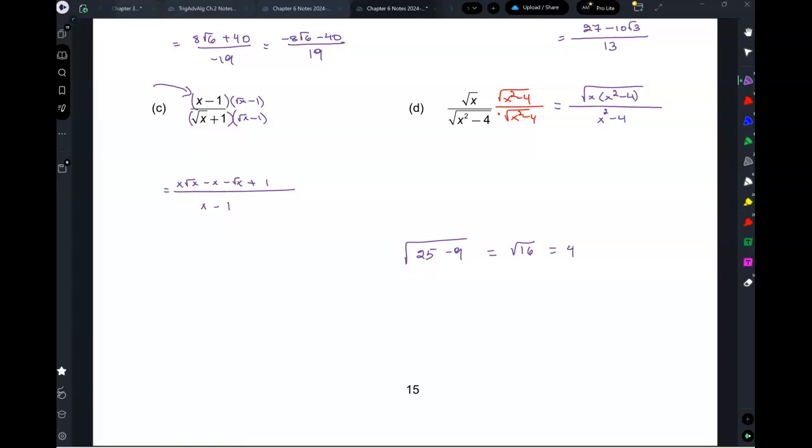But suppose you said 25 minus 9, oh, that's just the same as 5 minus 3 when you take the roots. Then you get 2, which is not the same as this, right? So you cannot just take a square root like that.